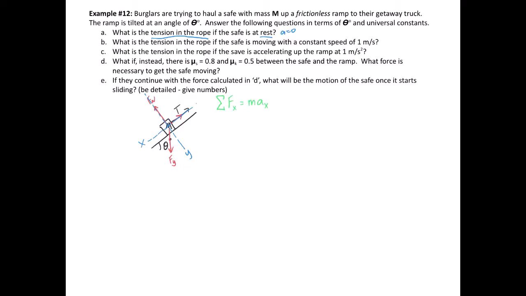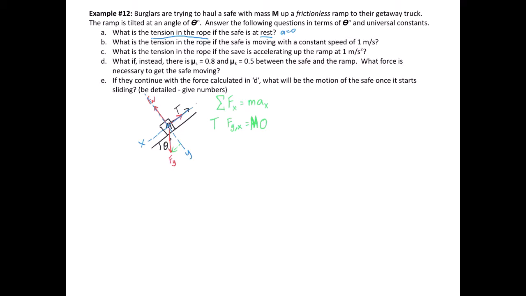If it's at rest, that horizontal acceleration is 0. The mass is capital M, so I'm going to put that in for the mass here. And then the horizontal forces: I've got tension pulling upwards, and then I've got the horizontal part of gravity pulling downwards.